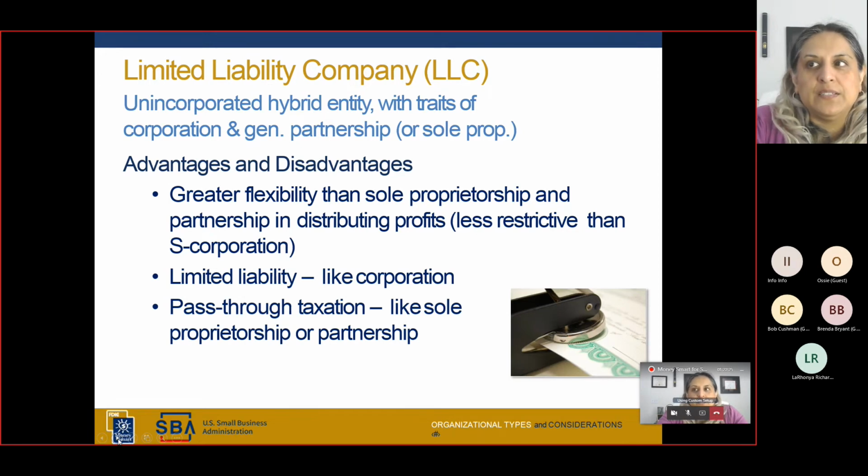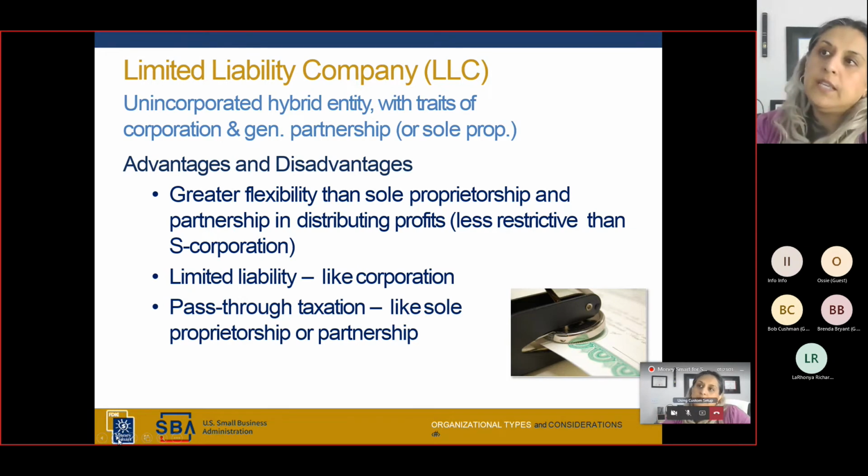Other features of the LLC are more like partnerships, including the benefits of pass-through taxation and great management flexibility in allocating profits. So owners of an LLC are called members. Since most states do not restrict ownership, members may include individuals, corporations, other LLCs, and foreign entities. So an LLC can have any number of members. Most states permit an LLC with only one owner, called a single member LLC.